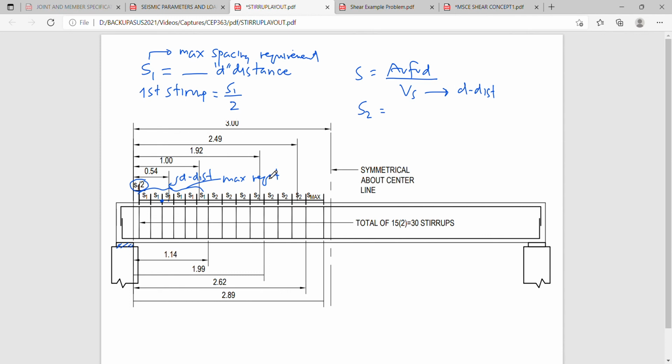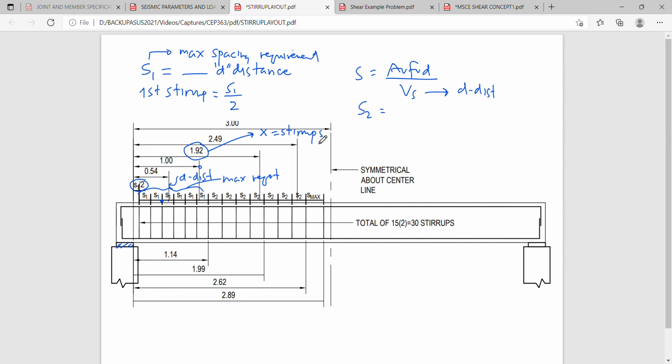Now, after getting it from 1 meter, remember what we computed. This 1.92 here is what? This is the theoretical distance x, in which your stirrups are no longer necessary or needed.